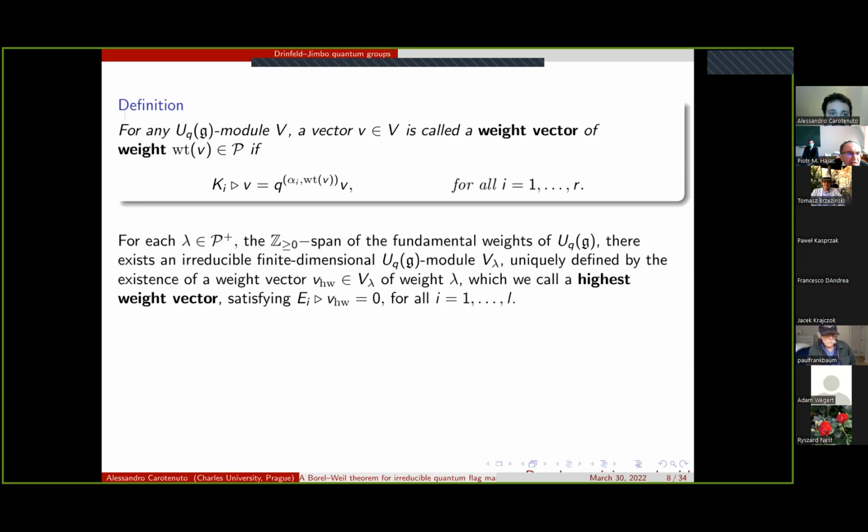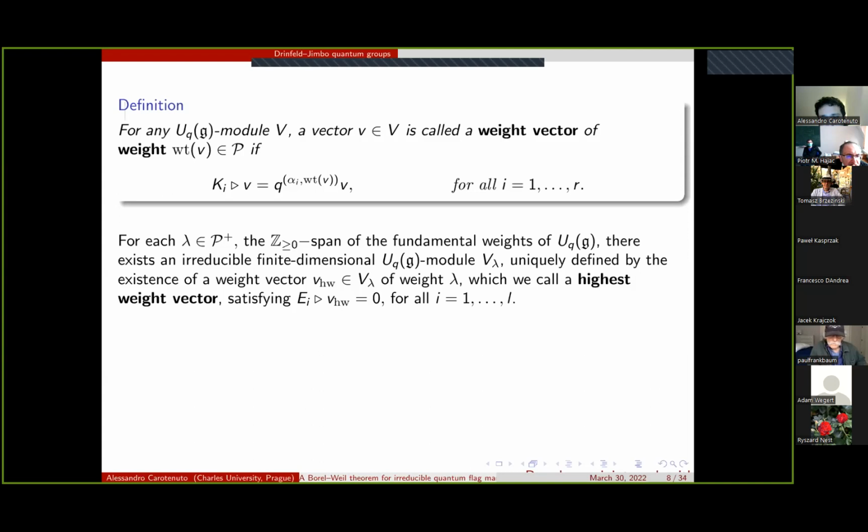The weight of v is in P. P is a lattice inside R to the rank, in the Z span.